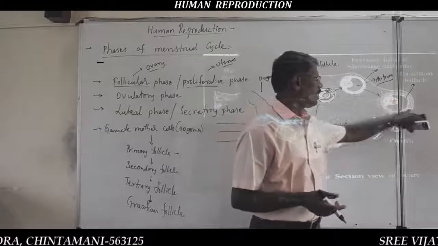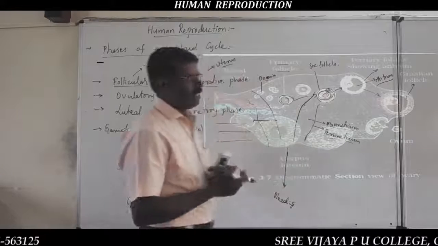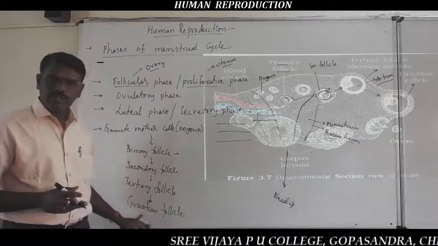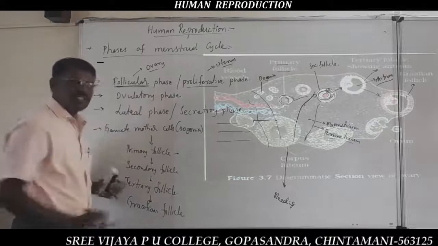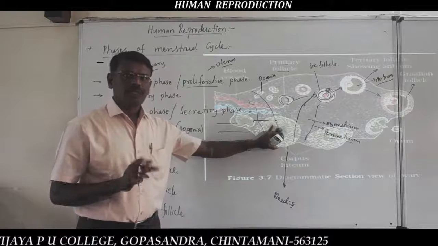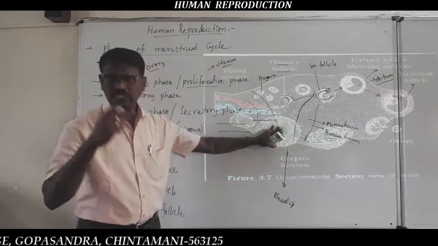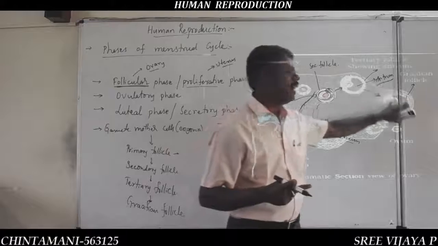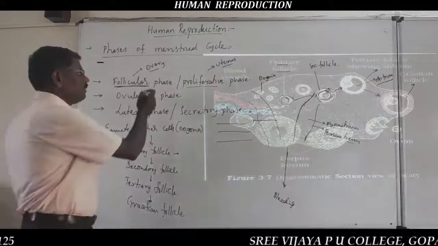It is outer covered with certain layers of cells, with a large fluid-filled cavity centrally. So this is the mature follicle we call the Graafian follicle. So during the follicular phase in the ovary, the gamete mother cell develops as primary follicle, secondary follicle, tertiary follicle and Graafian follicle. These are the changes which occur in the follicular phase.